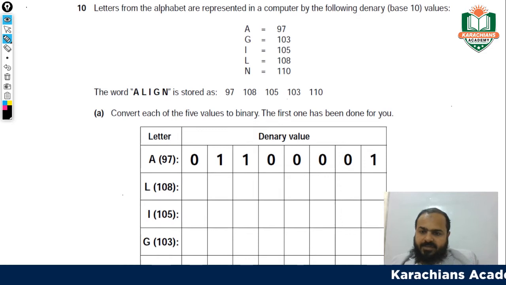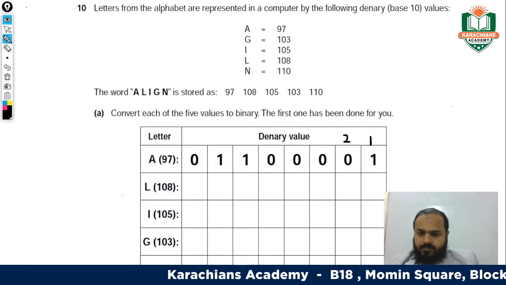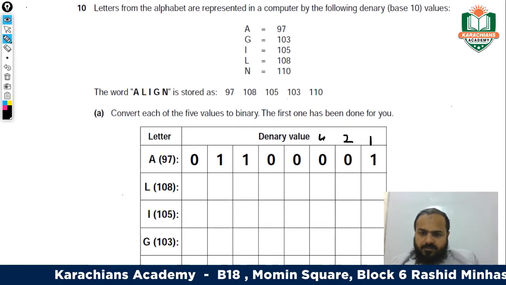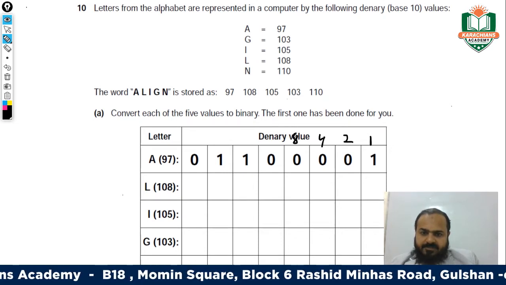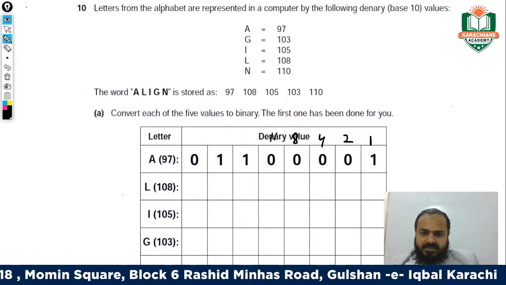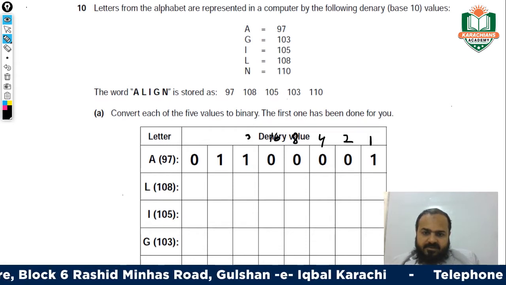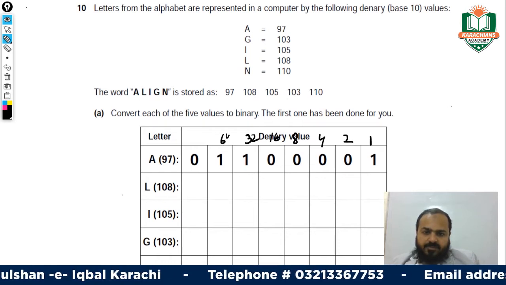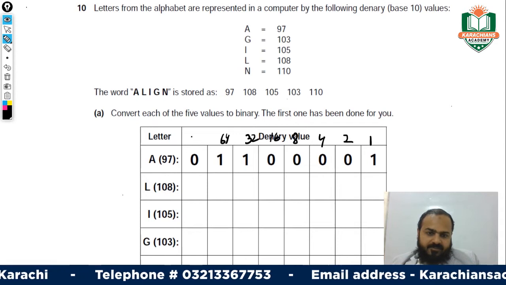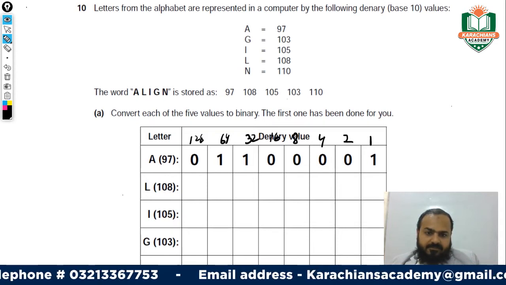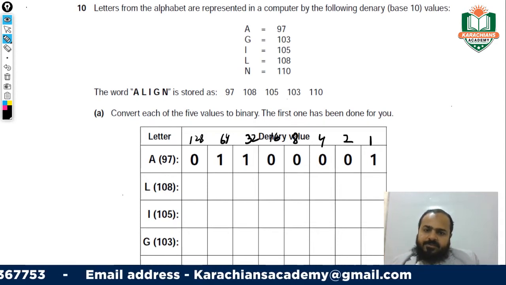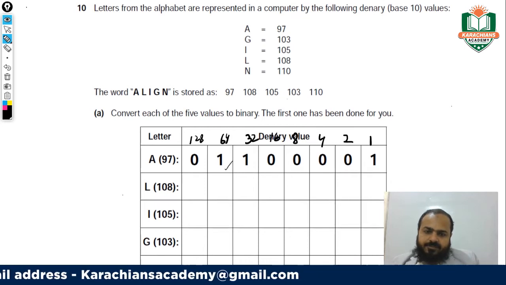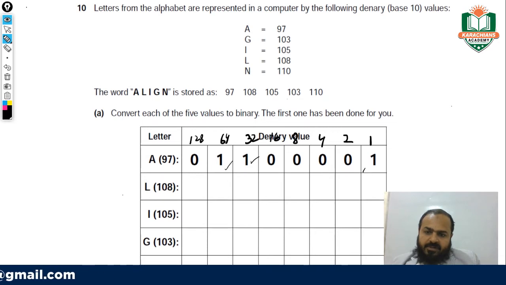So from the beginning I'm starting here with 1, then 2, then 4, then 8, then 16, then 32, then 64, and then in the last 128. So as you see, the 64 is on, 32 is on, and 1 is on.